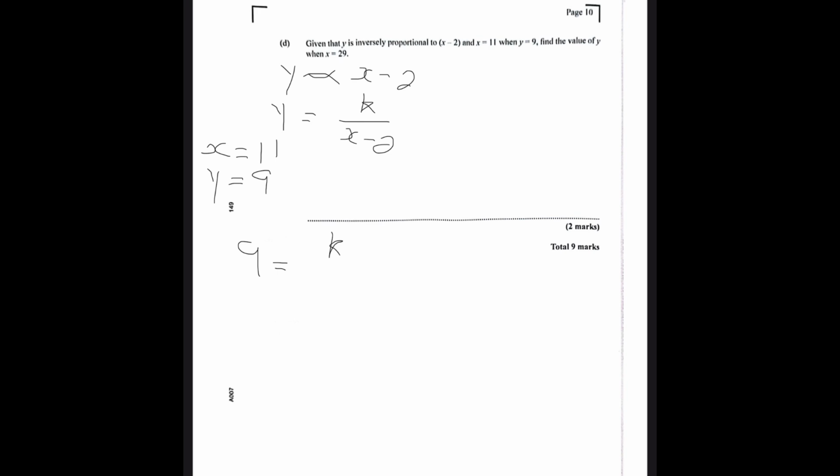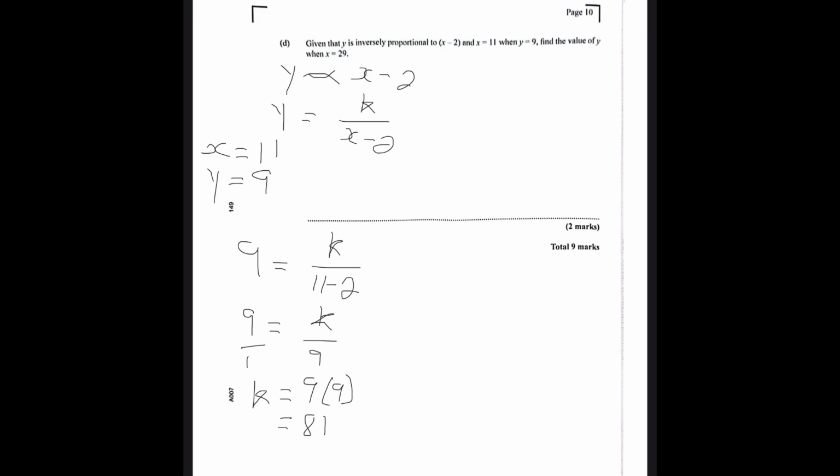So it'll be 9 is equal to k divided by 11 subtract 2. 9 is equal to k over 9. We'll cross multiply. K is equal to 9 squared, which will give us 81. So the constant is 81.